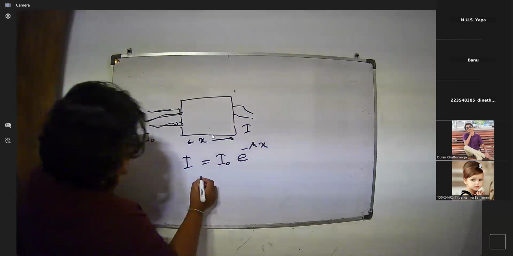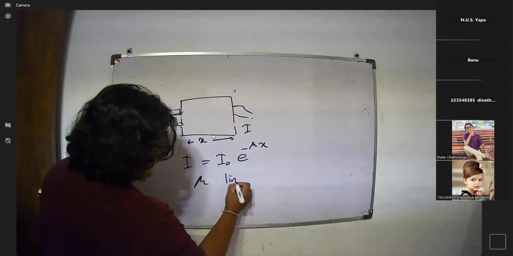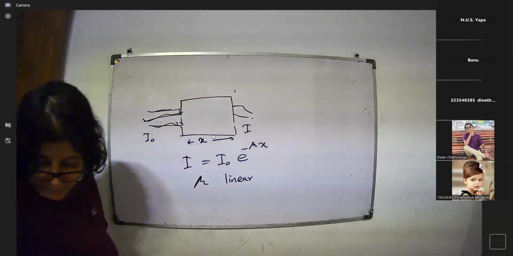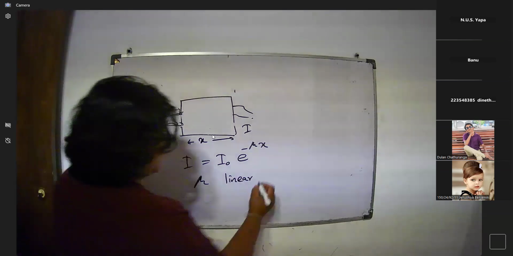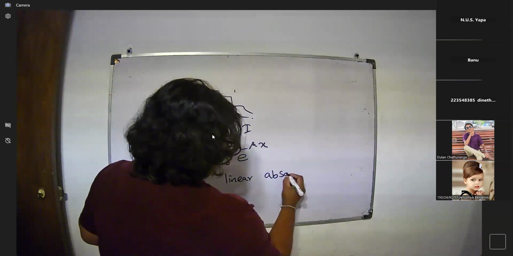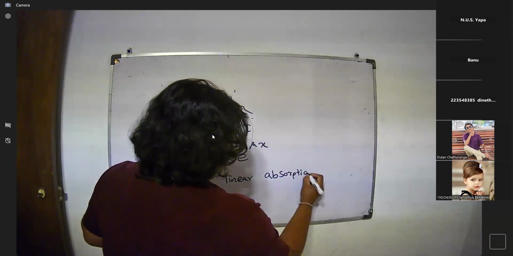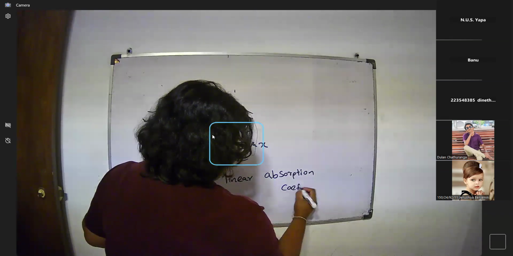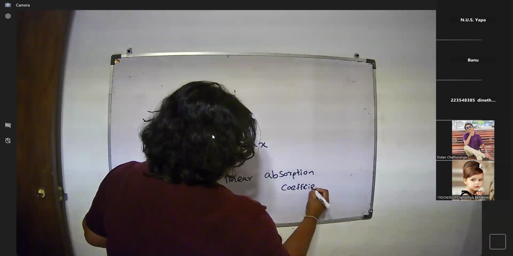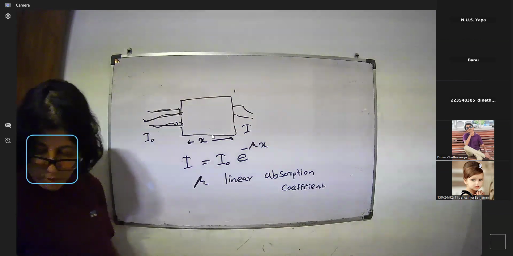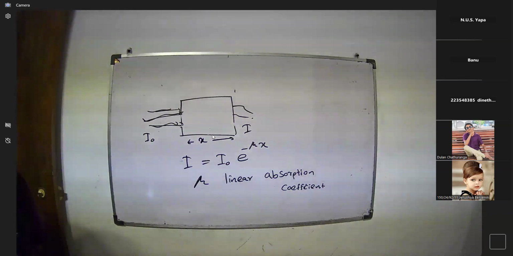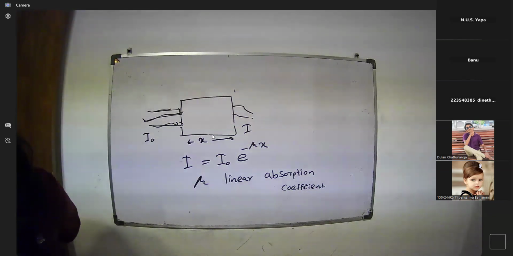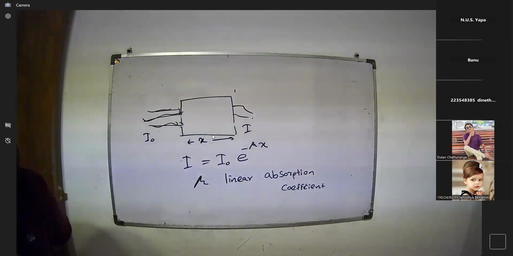We call mu the linear absorption coefficient. For a given photon energy, mu is a constant.